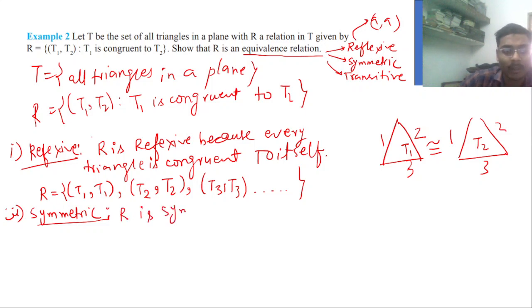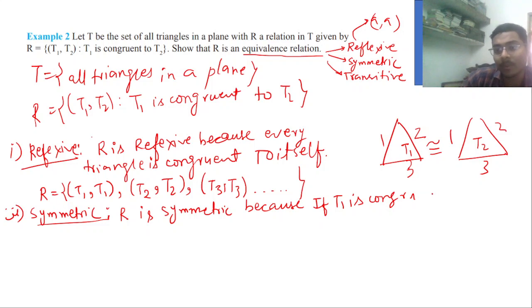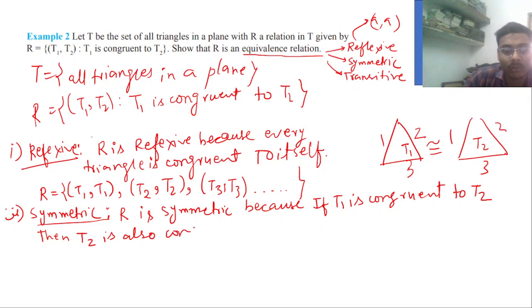R is symmetric because if T1 is congruent to T2, then T2 is also congruent to T1.